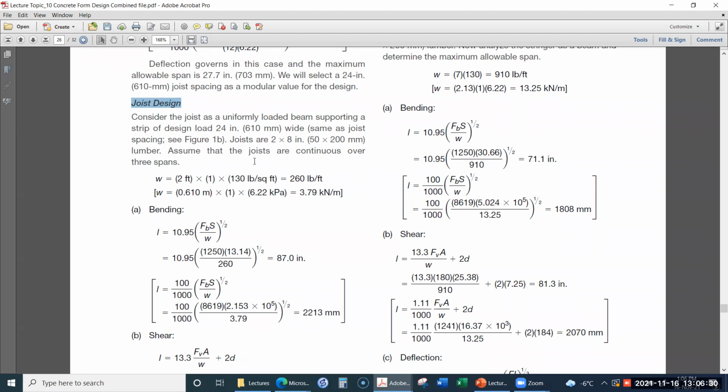Because we have chosen 610 millimeter as the spacing, and the load is 6.22 kilopascal, the load for the joist design will become 6.22 multiplied by 0.61 meter, that is 3.79 kilonewton per meter.